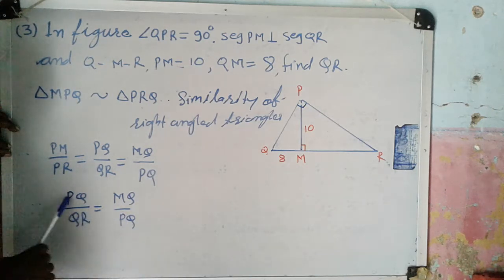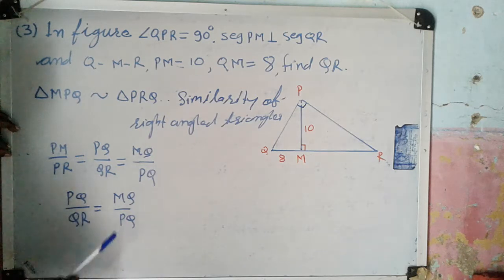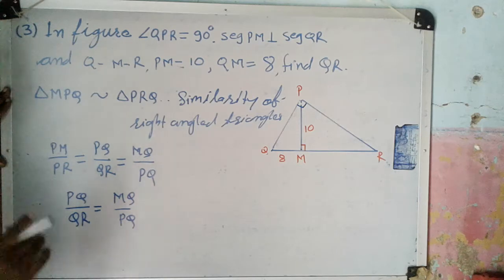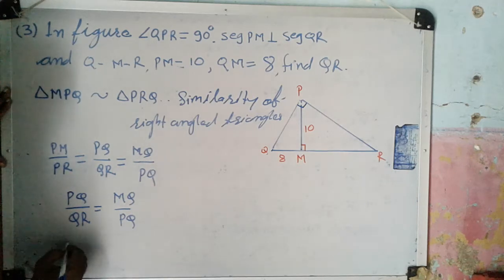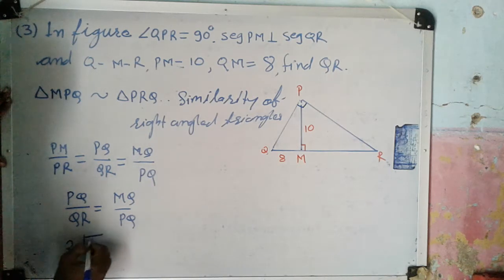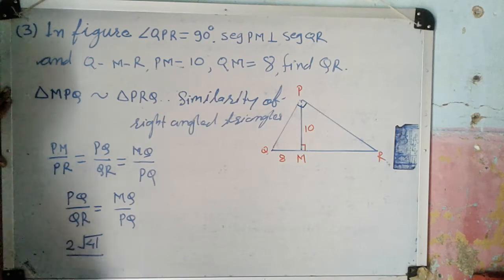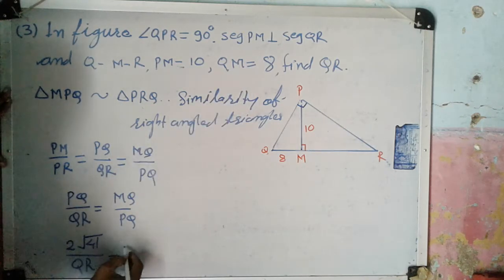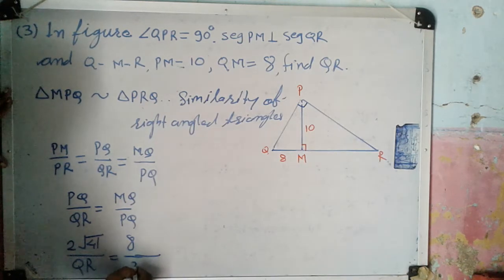Already we have calculated these two values. That means the value of PQ is equal to 2 under root 41. So put this value here. We have to find this value. MQ is given 8 and PQ is equal to 2 under root 41.